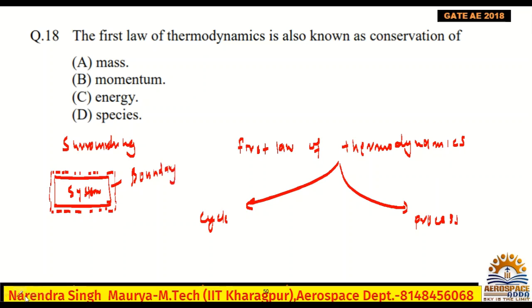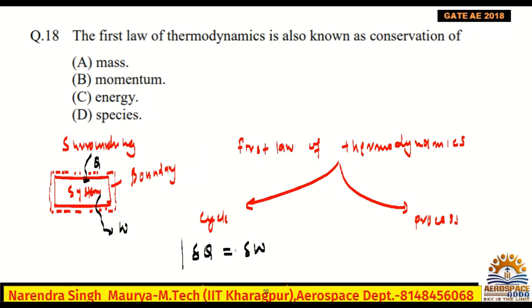So suppose if you talk about the cycle, from the surrounding you are supplying heat here, and this system is doing work. So for the cycle, whatever amount of heat you have supplied will be converted into work.